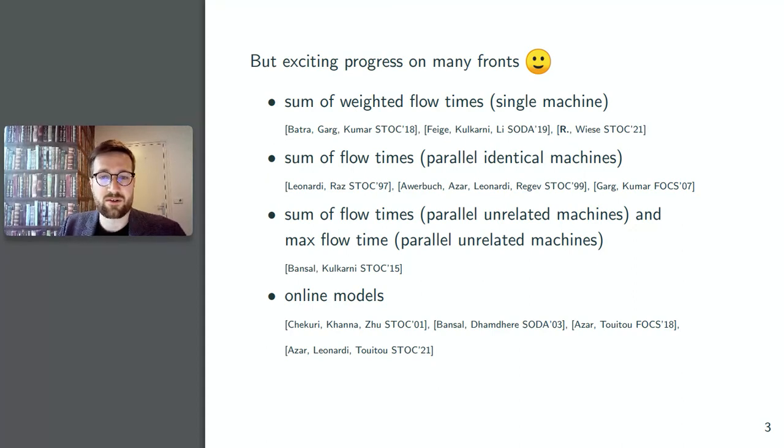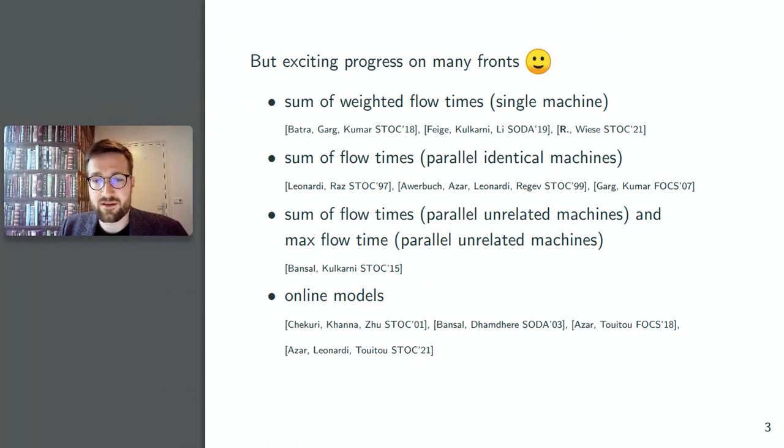For example, if you look at the sum of weighted flow times on a single machine, then there's a recent line of work that leads to a constant approximation. The sum of flow times has been looked at on parallel identical machines, so multiple machines, and also on parallel unrelated machines, so that is the most general machine model.